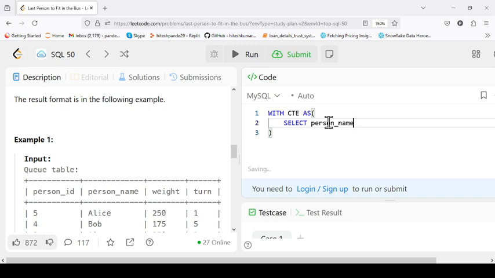Person name, weight, turn. Okay, then we have to sum up their weight also, so for that we will use the aggregate function here, and for that we will apply a window function like the OVER keyword, which will sum all the weight by using the turn column.